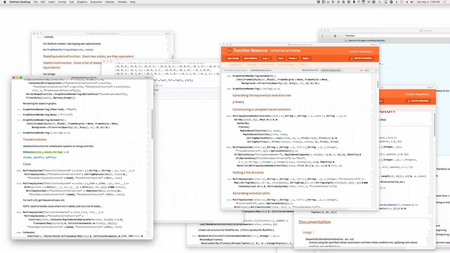So it's string cases in state of hash, well, let's say first of hash onto rule. Actually, we could even do this.